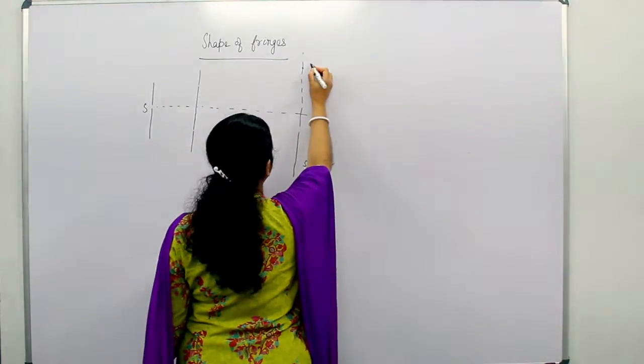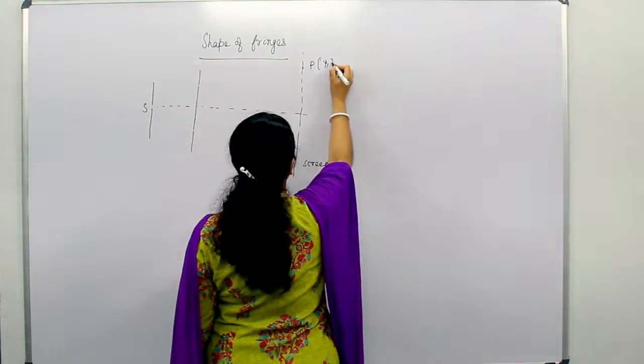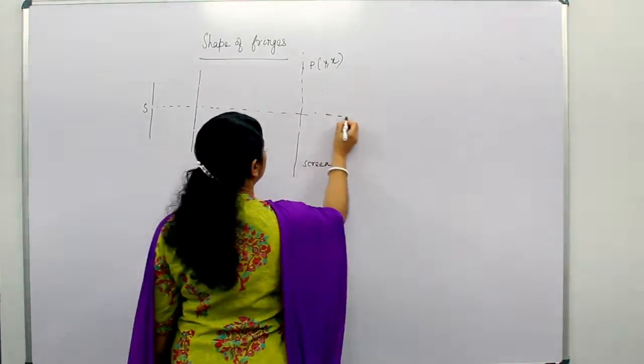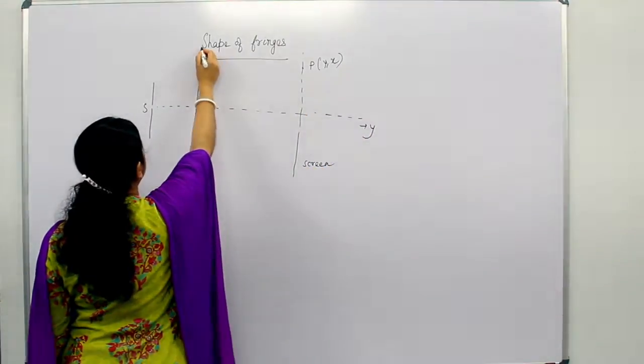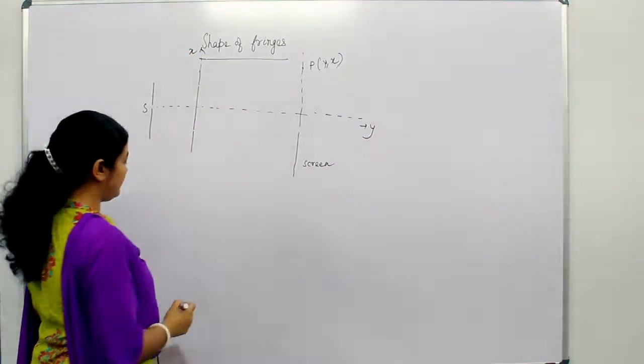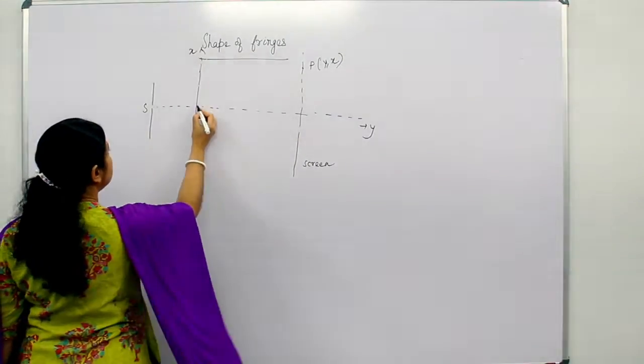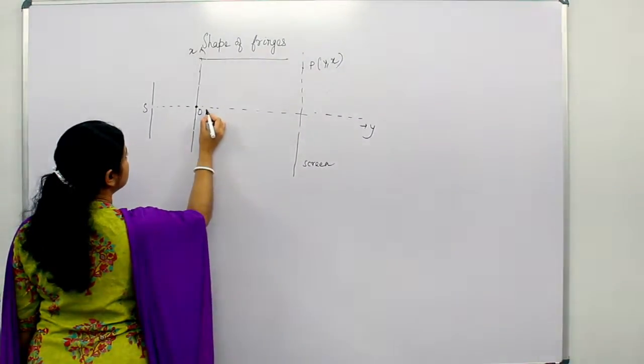A point on the screen is designated as y, x. Y is in this direction and x is in this direction. This is considered the origin of the coordinate system.